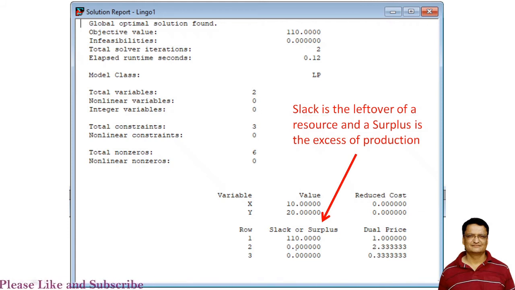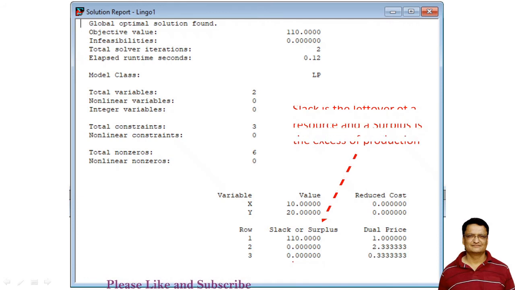But for both constraint number 1 and constraint number 2, we don't have any slack remaining. But if there had been a value of, let us say, 1 or 2, we could say that this is the amount of labor hours or raw material which is unused.